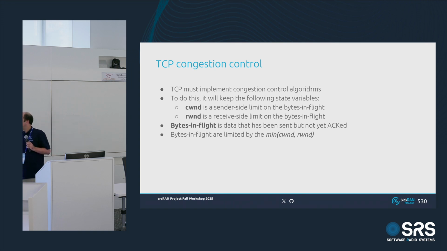The congestion window is a sender side limit on the bytes in flight, and the receive window is a receive side limit on the bytes in flight. Bytes in flight are the bytes that have been sent but not yet ACKed. This is a very important thing to keep track of when you're analyzing your connection.